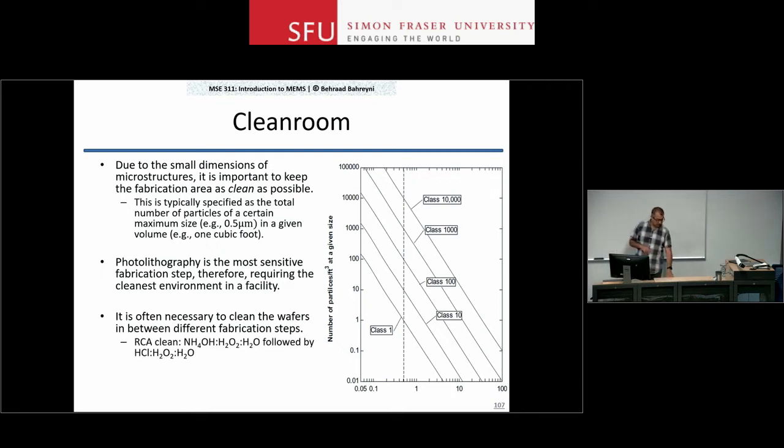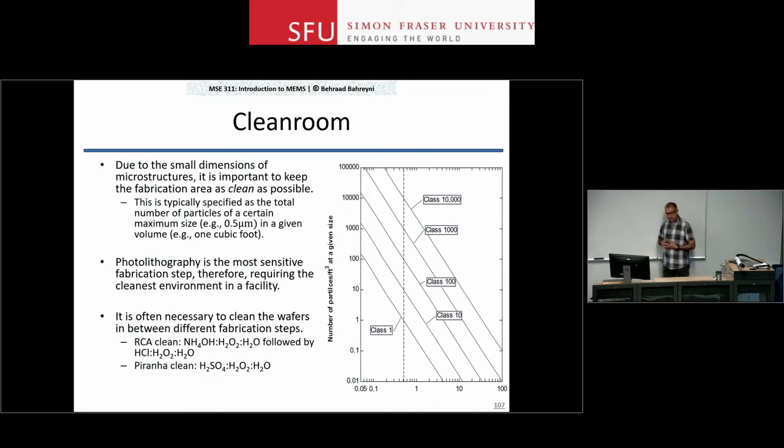And then typically, wafers go through a specific cleaning process in between the steps. So let's say you are done with your etch, and you want to proceed to the next film deposition step. Between these two, what you do is clean the surface as well as you can. There are different ways of doing it. It's usually through harsh chemicals.